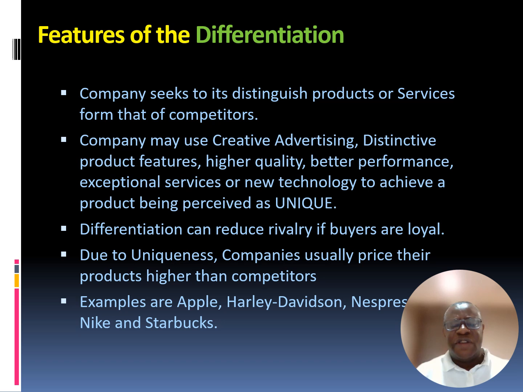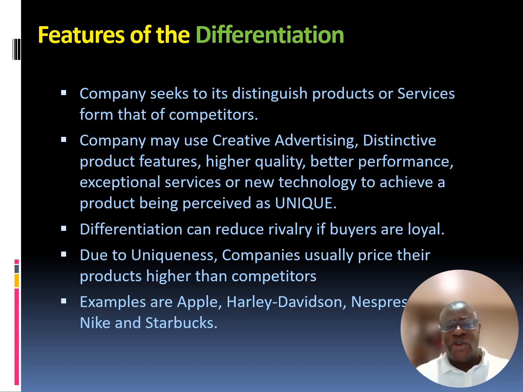First, for differentiation, we see that the company seeks to distinguish its product or services from that of other competitors. Companies may use creative advertising, distinct product features, higher quality, better performance, exceptional services, and new technology to achieve a product being perceived as unique.